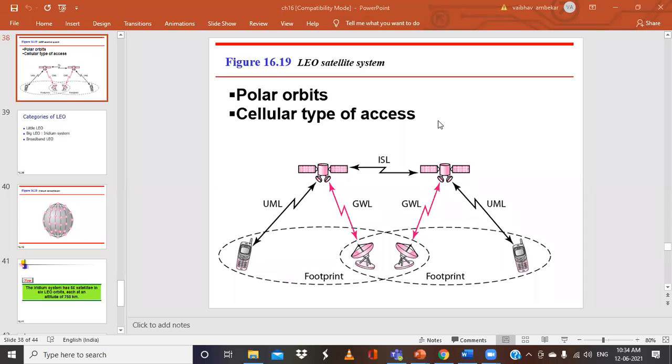Afia, can you explain this? Apurva Patil. Isha, can you explain this?